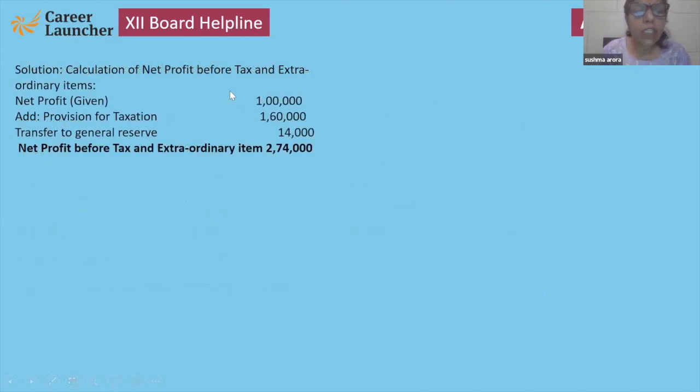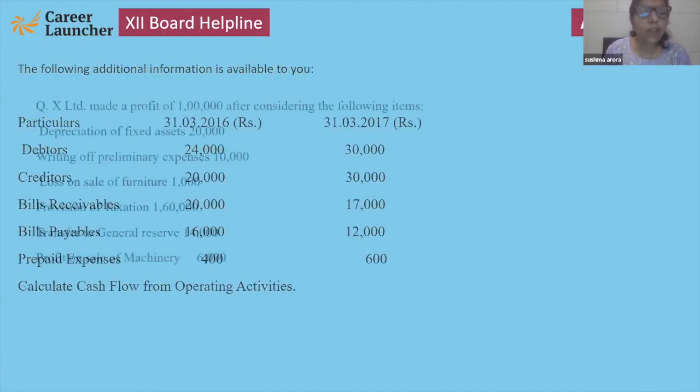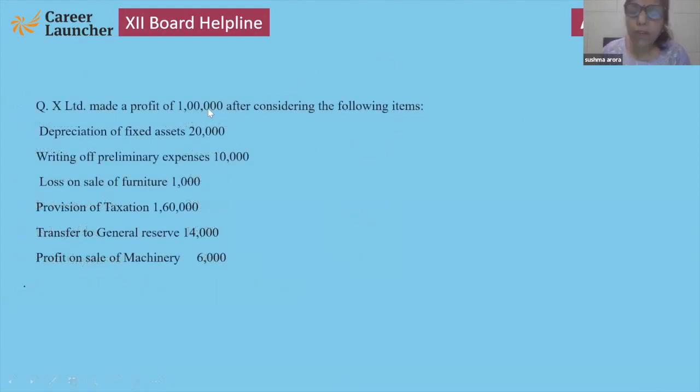Calculation of NPBT, an extraordinary item. NPBT means net profit before tax. You can see that I have shown you, first of all, profit is 1 lakh, and provision for tax and transfer to general reserve is given: 1,60,000 and 14.